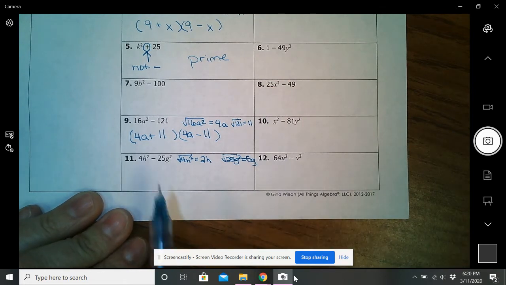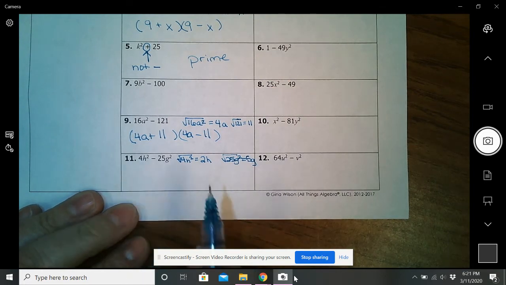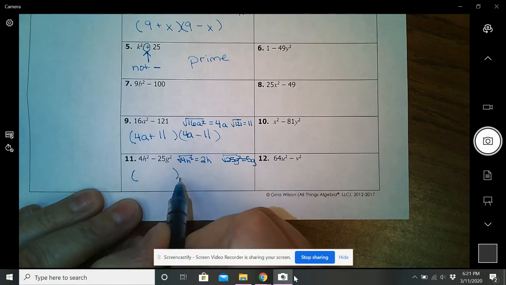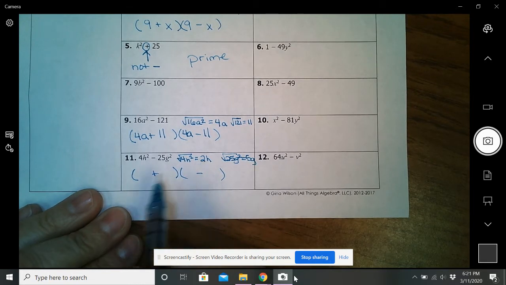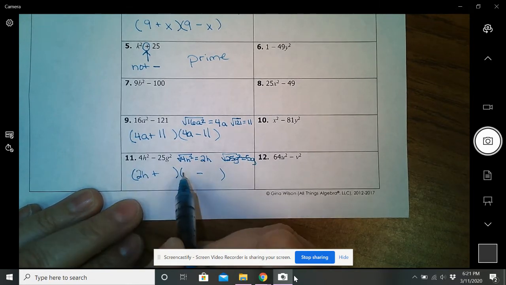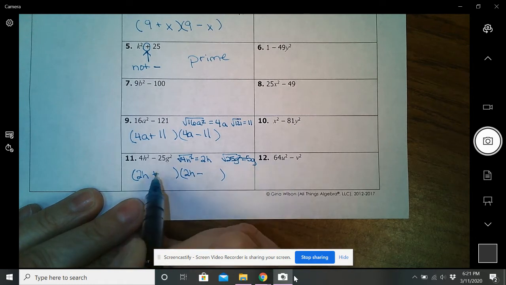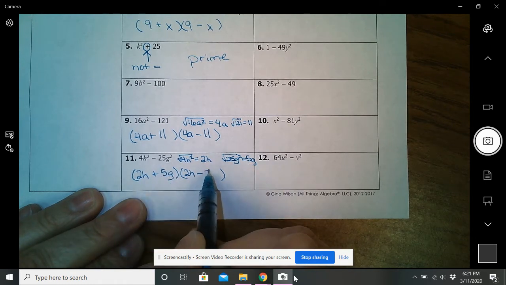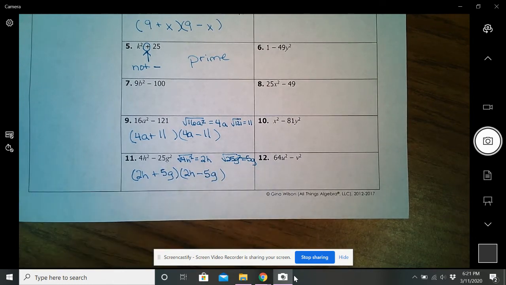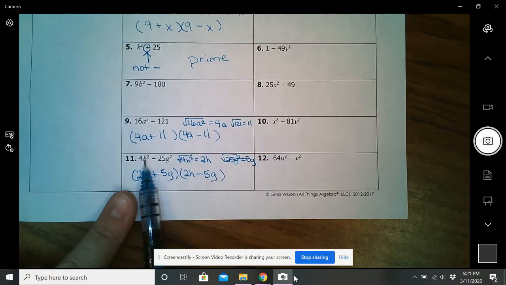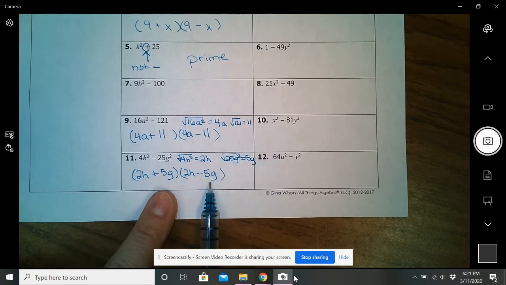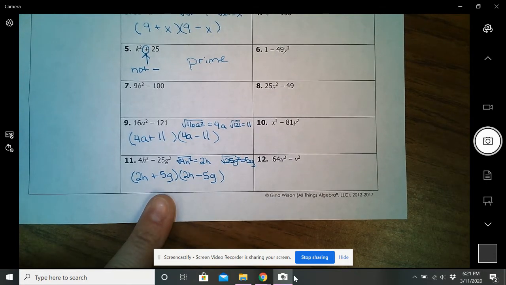So every term in the original problem is a square term. Set up my binomials and insert my square roots. 2h in the first position, 5g in the second position, and then check your work. 2h times 2h is 4h squared. 5g times negative 5g is negative 25g squared.